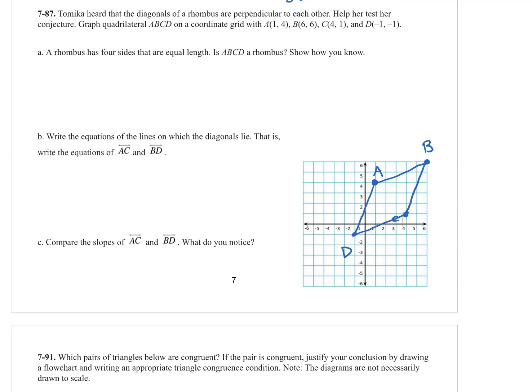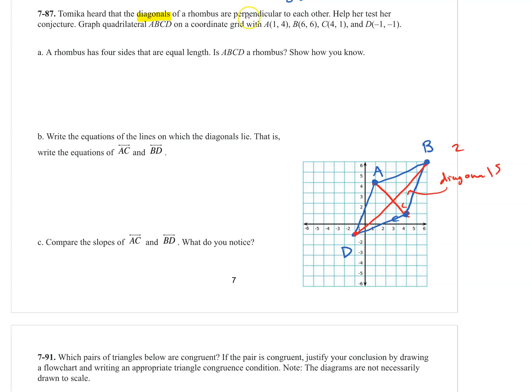There's my rhombus. When it says the word diagonals, they're talking about these. If I connect D to B, that's a diagonal. And if I connect A to C, opposite vertices, that's also a diagonal. So there's 2 diagonals, diagonal 1 and diagonal 2.